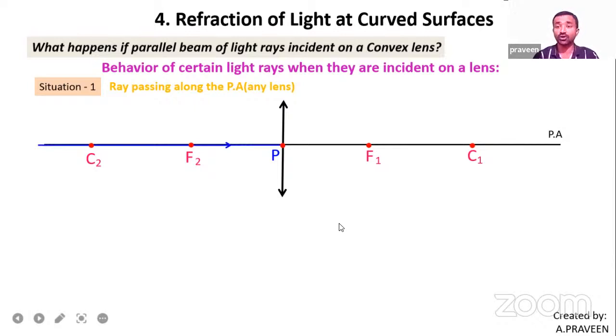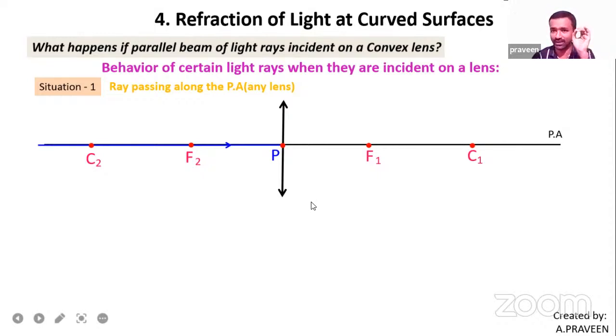Then where you draw the normal, the line joining the center to the boundary, you will get that line exactly along the principal axis. So the incident light ray and the normal are both along the principal axis. This case is considered as the light ray incident on the double convex lens normally.